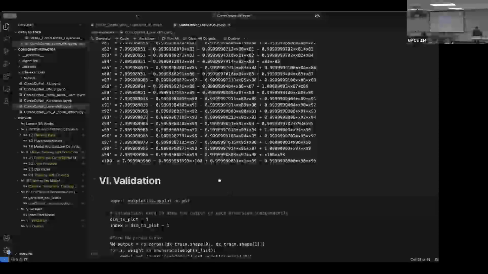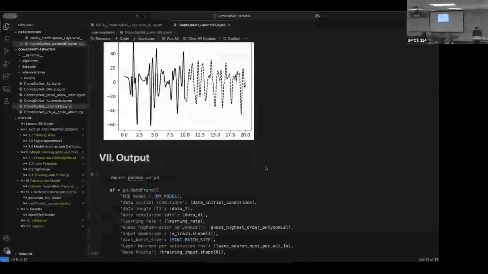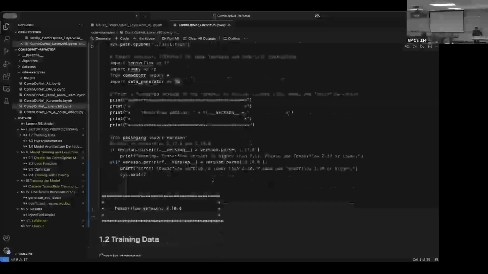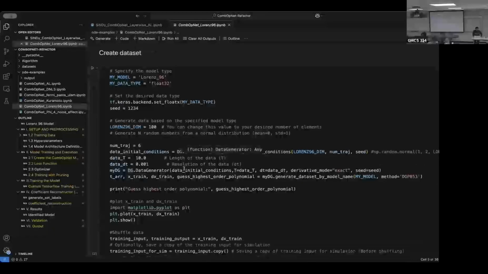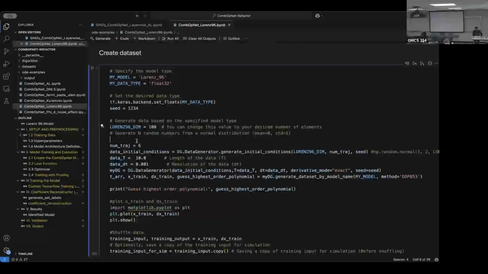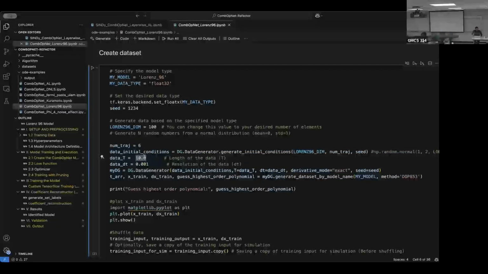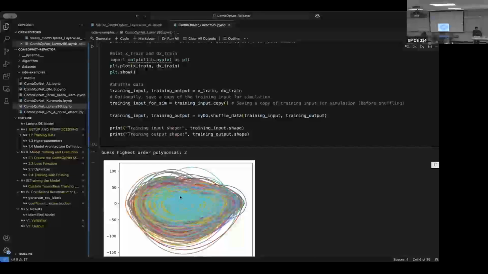Let me go up a little bit. This is a little bit of validation here. Here is the data equation, and you define your number of dimensions. Then this is for sampling. We generate 6 different trajectories, each with capital T equal to 10. Then this is to visualize our data.